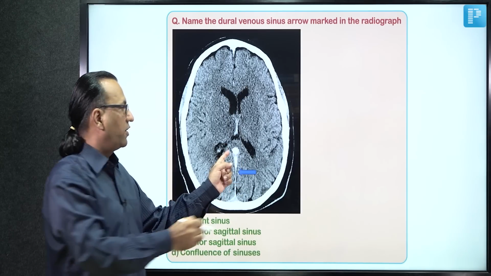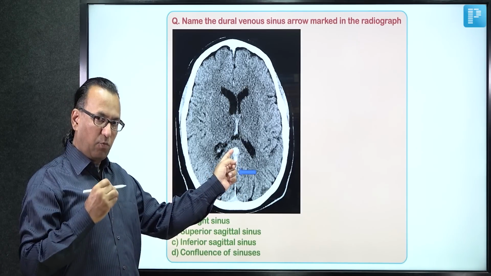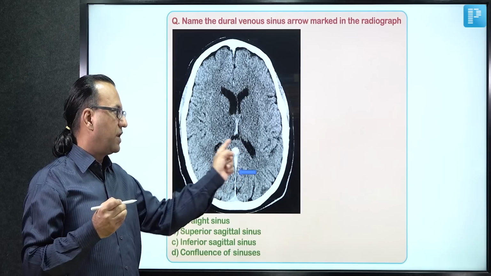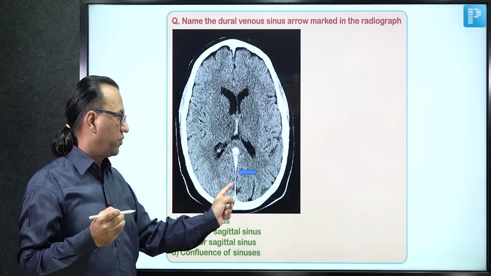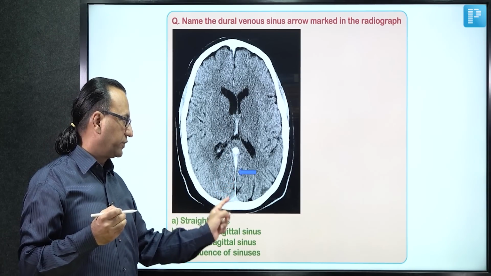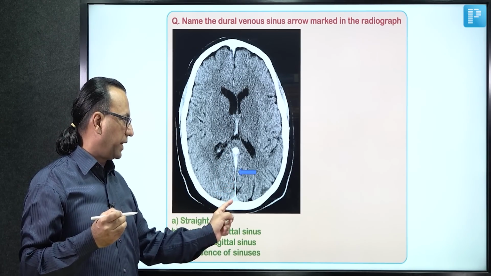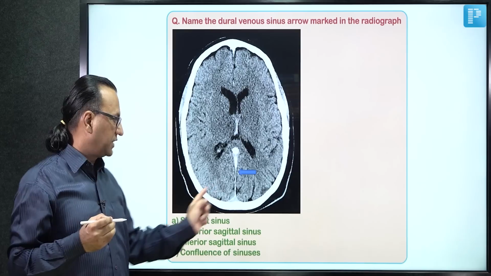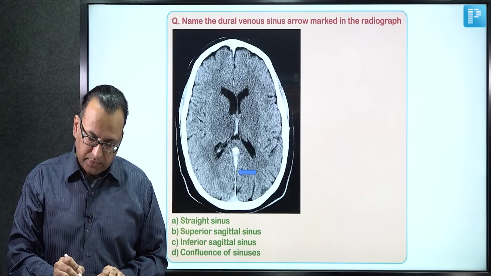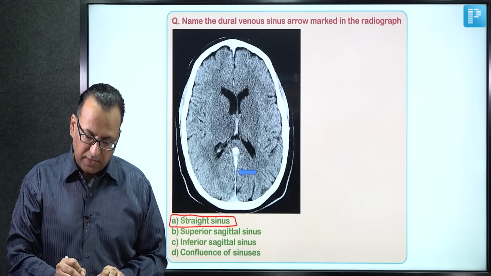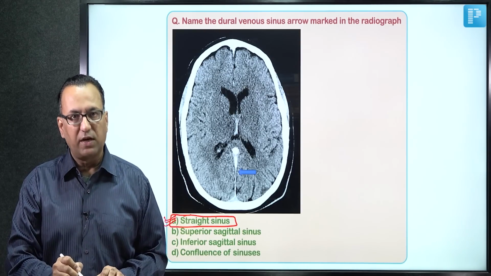It is formed by the union of the great cerebral vein of Galen with the inferior sagittal sinus. Then it runs posteriorly as the straight sinus to drain into the confluence of sinuses on the posterior aspect. So presently we'll mark it as the straight sinus and have some more details. Here choice number A is the answer, and we can look at one more diagram for the details.